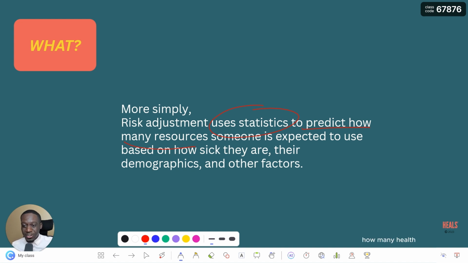In healthcare, how many healthcare resources a beneficiary is expected to use based on how sick they are, their demographics, and some other factors. We'll explain more for you to get a better understanding. But simply, risk adjustment, similar to GPS, is predicting how many resources a beneficiary is expected to use based on some factors.